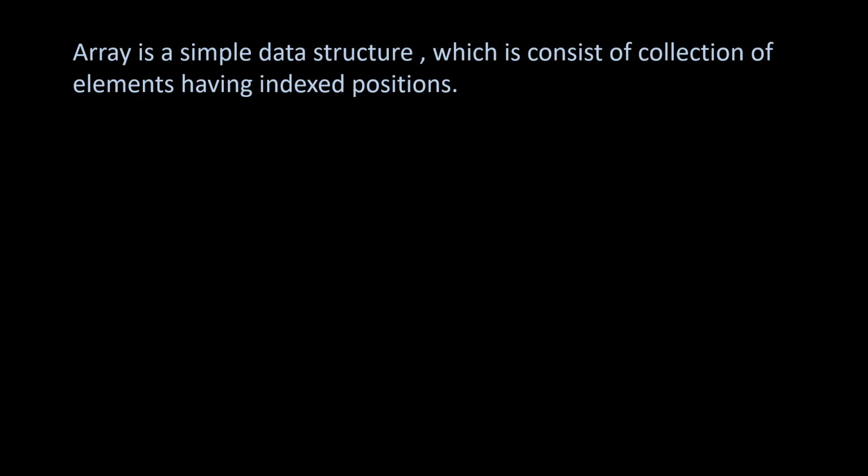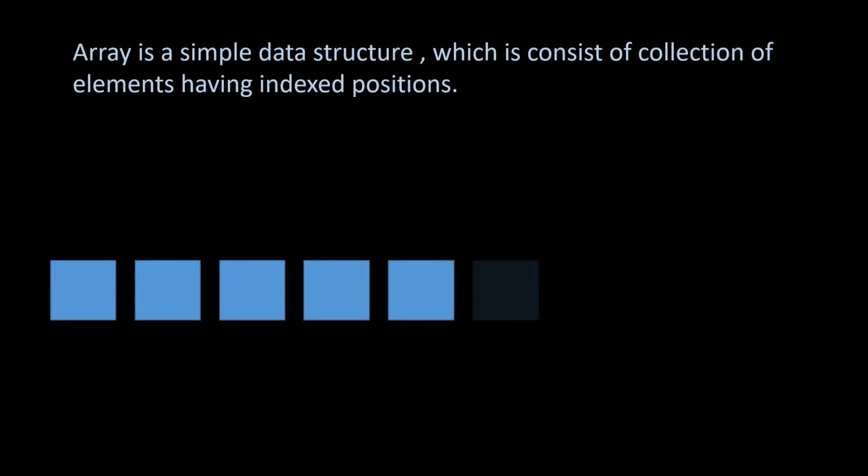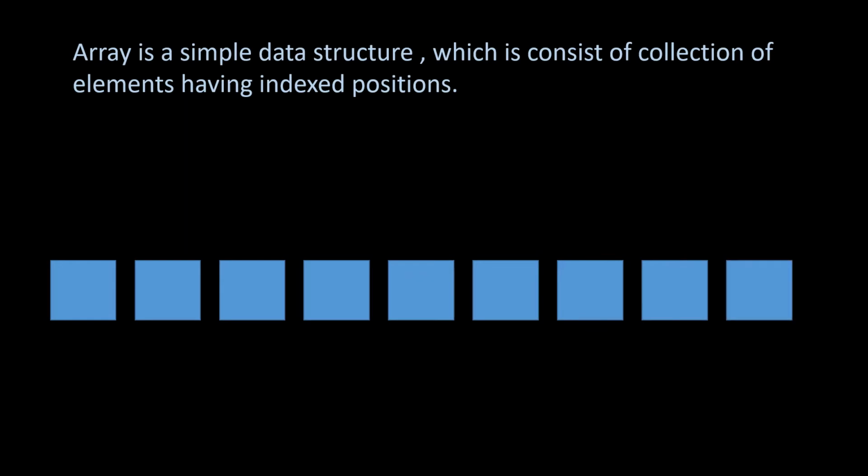Suppose that we are given a set of elements arranged in a linear way, and we have to identify them uniquely. So what can we do? We have to apply indexing to each of these elements to identify them uniquely. Let's say 1, 2, 3, 4, 5, 6, 7, 8, 9.